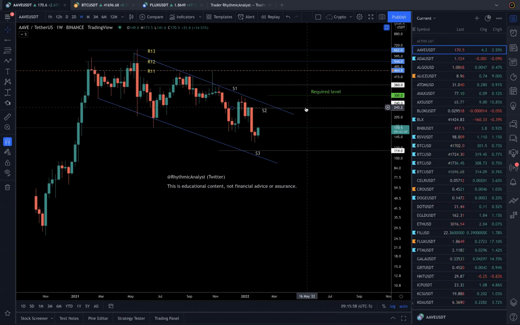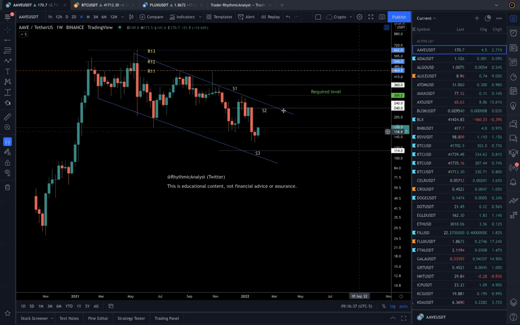If a coin is moving sideways, or if a coin is going down, what is the level where you can say it will not go down, probabilistically, not from a point of view of surety or certainty, but from a probability point of view, that once it maintains the required level, there is a very low probability that it will go down again. That means it wants to make a new all-time high. Okay, so that's my own definition of the required level: the required level for trend reversal or a new all-time high.